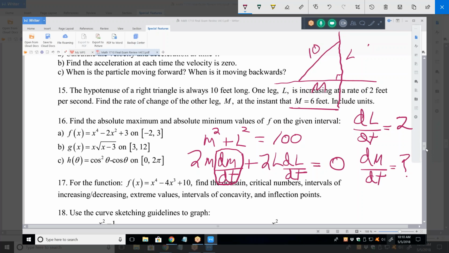Well, they tell us that m is 6, so I've got 2 times 6. This is what I'm trying to solve for, so I'll leave that like that. Plus, what is L when m is 6? Solve that. Substitute 6 for m and solve for L.